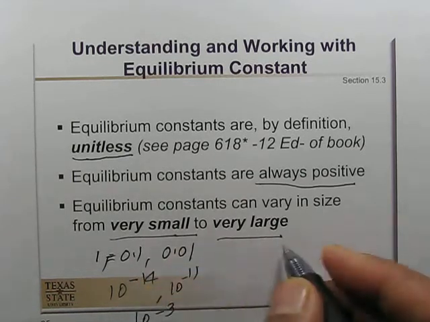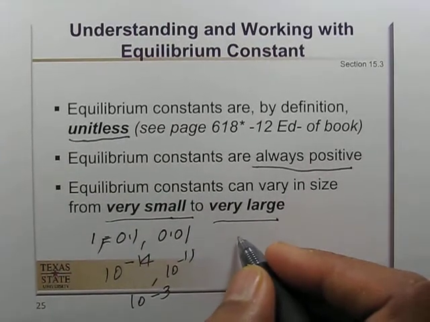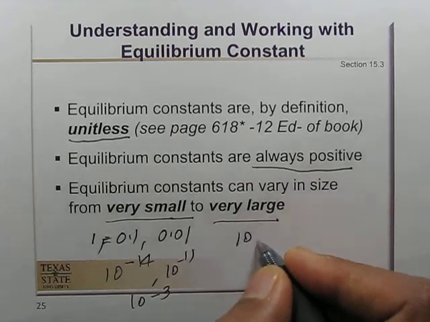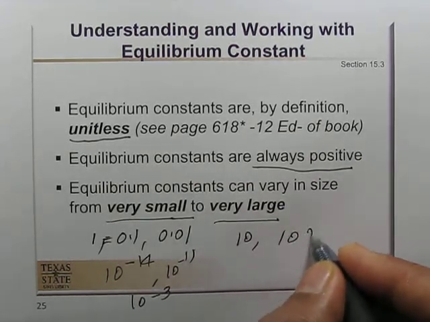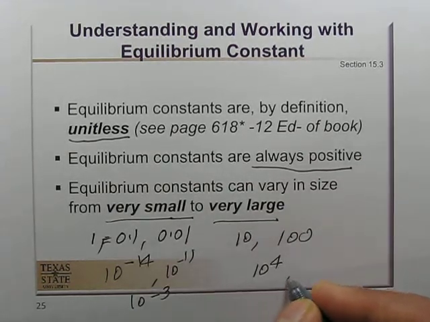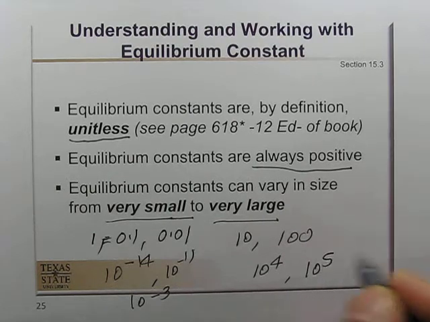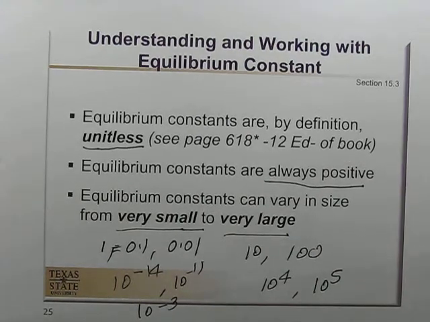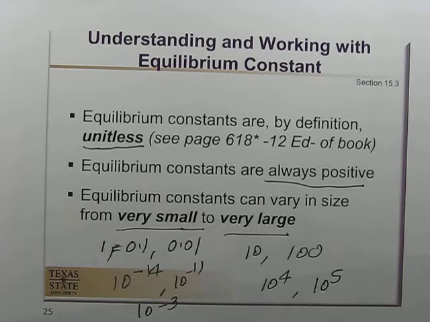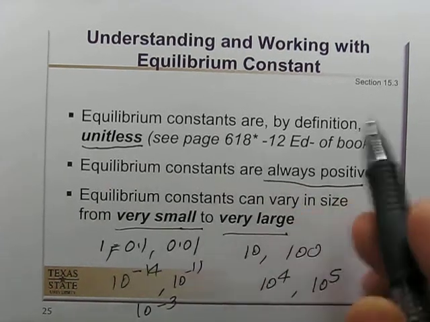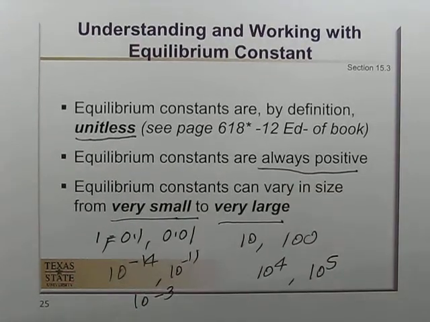So these are very, very small. They can also be very large, like 10, 100, or 10 to the power 4, 10 to the power 5. We will see some more math and manipulation in the next video about the equilibrium constant calculation.